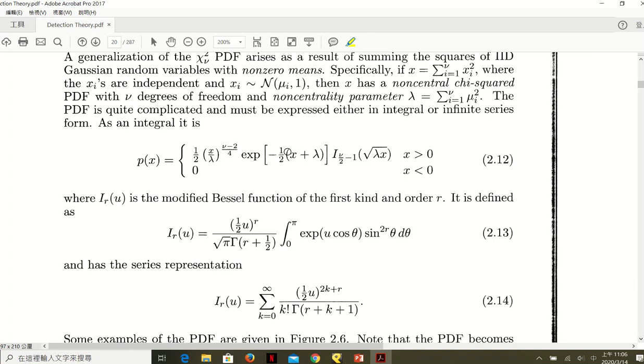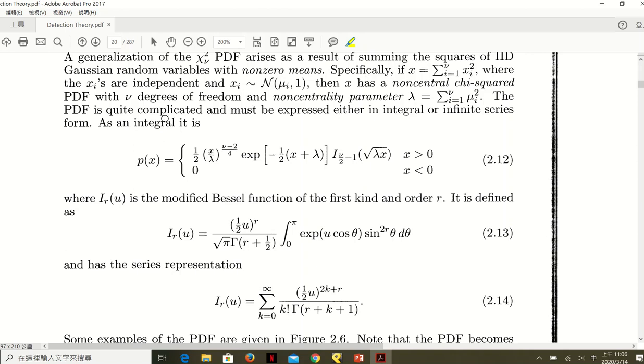Okay, let's take a look at the PDF. The PDF is p of x equal to this, and it has, of course, a constant 1/2, and then lambda over, no, let me make a correction, x, which is the argument, over lambda. This lambda is the non-centrality parameter, to the power of (v minus 2) over 4. V is defined.